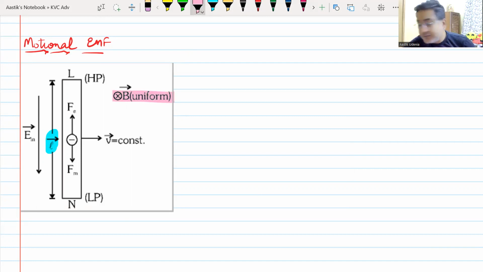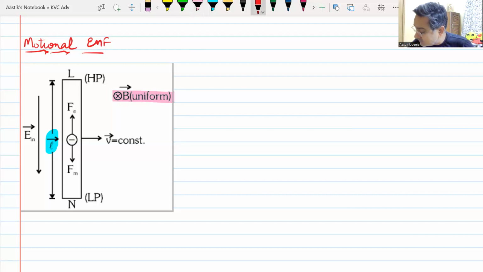Now, when it is moving with a constant velocity v, all the electrons and protons, the positive and the negative charges, are experiencing a force. Do we understand this? Yes or no? If I talk about the positive charges, V cross B, the positive charges are moving upwards.